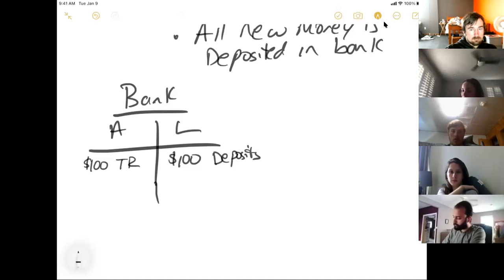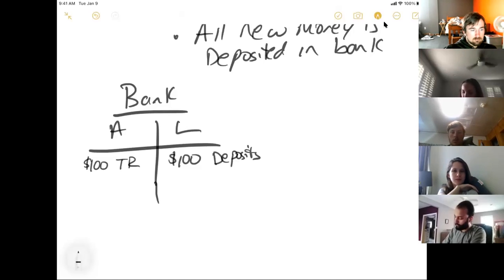Now, does the bank like this situation? No, right? Banks hate holding reserves because that's money that's not earning them any profit. The bank really wants to get rid of this.